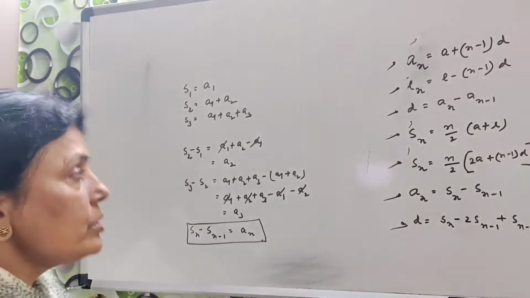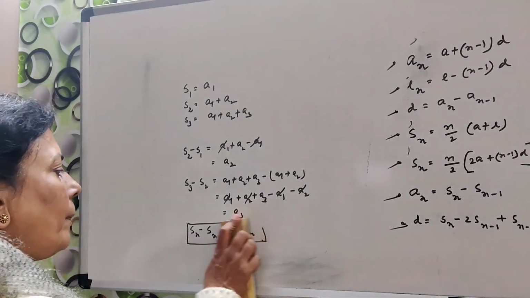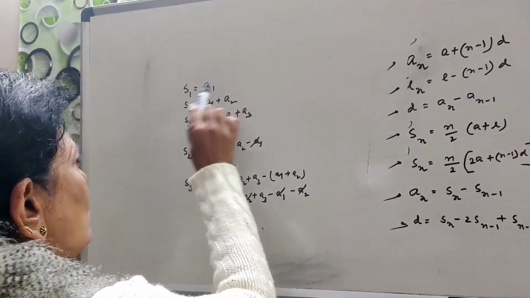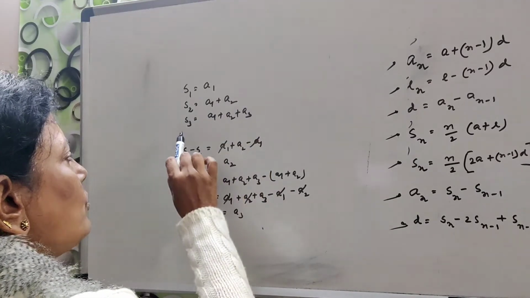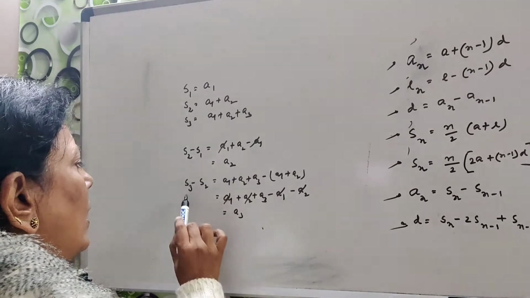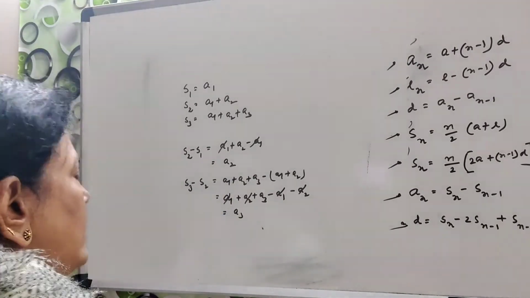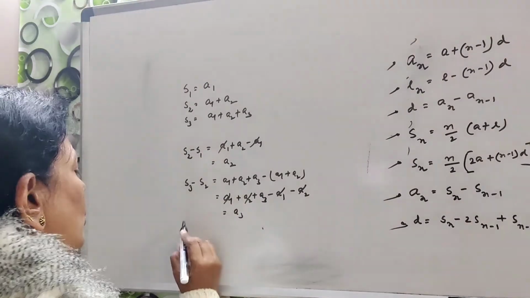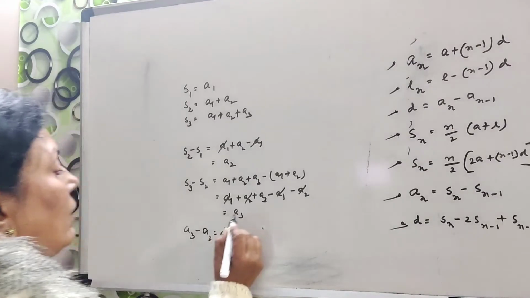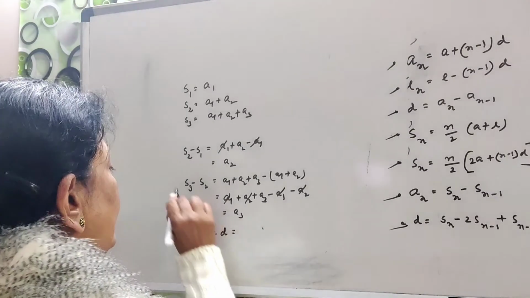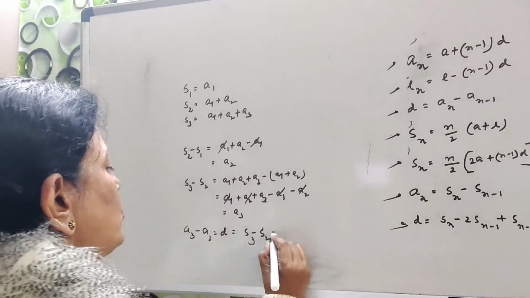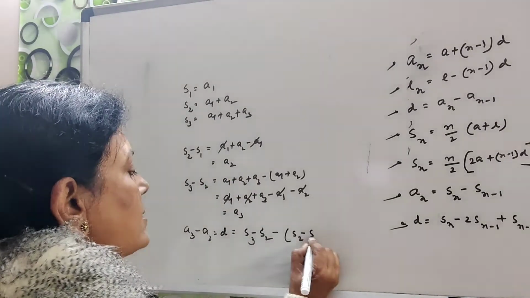Now how can we find D? S1 is equal to A1, S2 is equal to A1 plus A2, S3 is equal to this. We know S2 minus S1 is equal to A2, and S3 minus S2 is equal to A3. And A3 minus A2 is equal to D. A3 means S3 minus S2, and A2 means S2 minus S1.